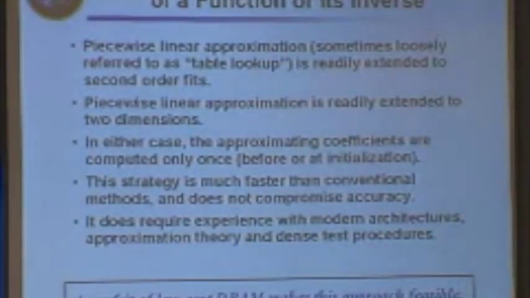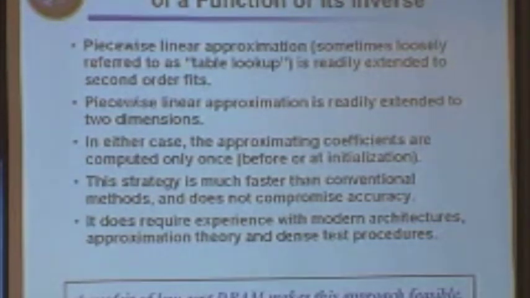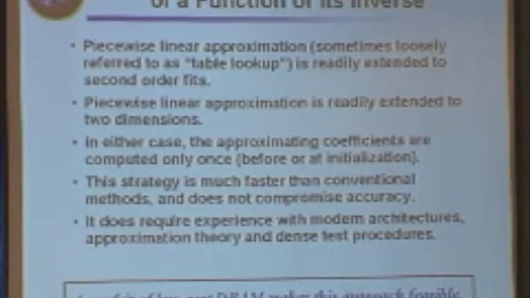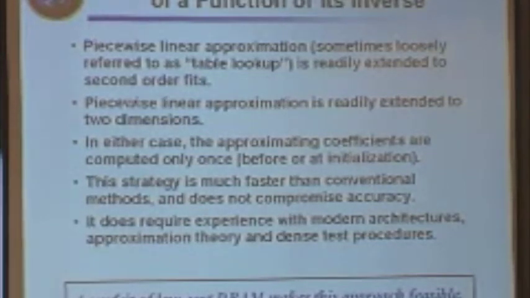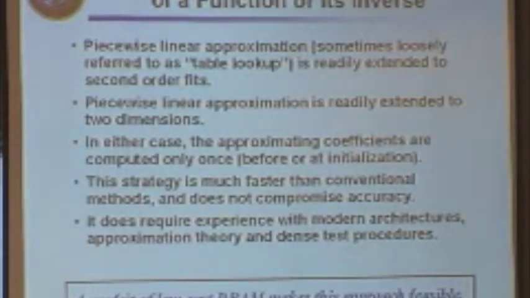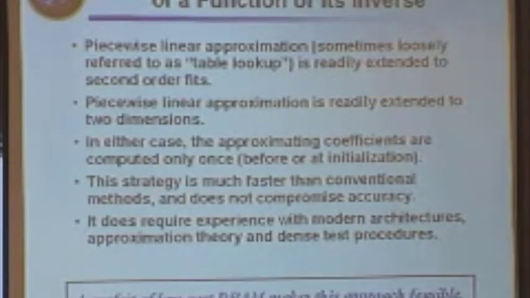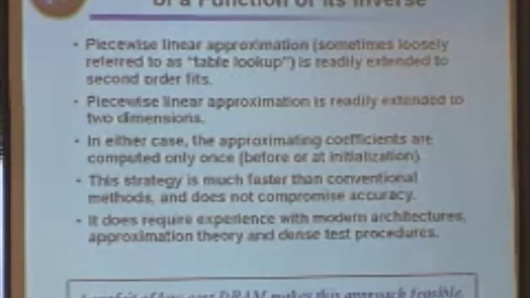And you might just use linear approximations or quadratic in some cases, or rational functions in some cases. And in a sense, you can embed the parameters inside this because you can compute the approximating coefficients at startup time, so they relate only to your Earth reference model.